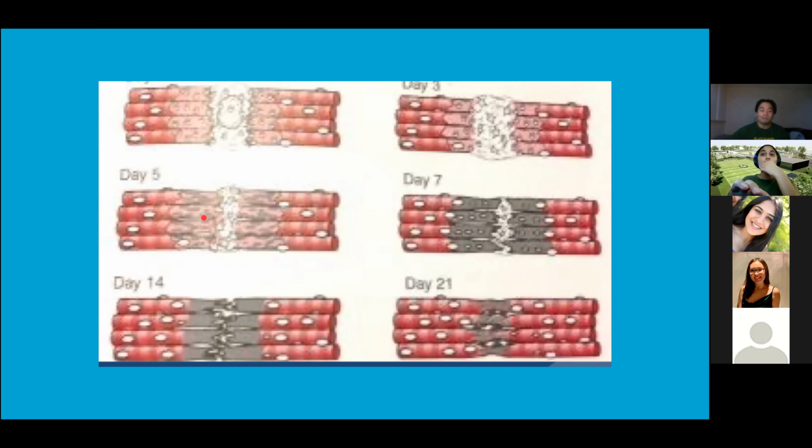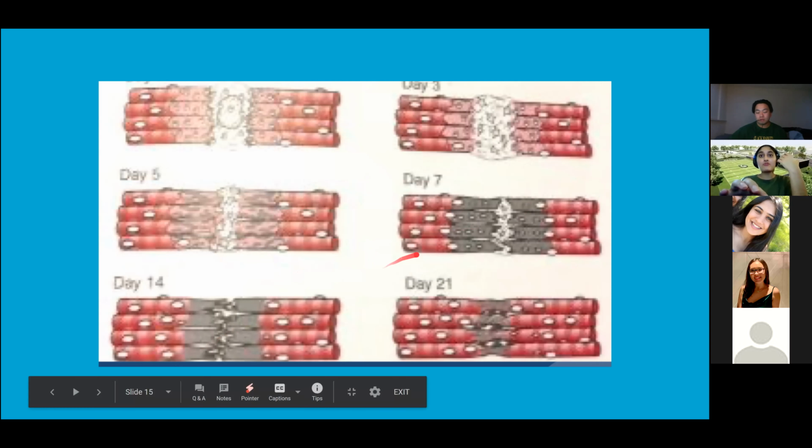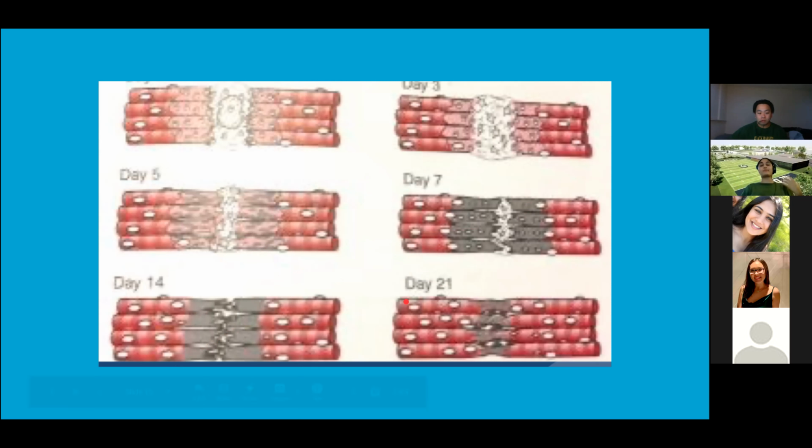You can see this. And then day 7 to 14, right? It really depends on the injury, but this could be something like proliferation. And then day 14 onwards up until day 21 could be maturation and working on building endurance. So this is what it would look like in a cartoon style.